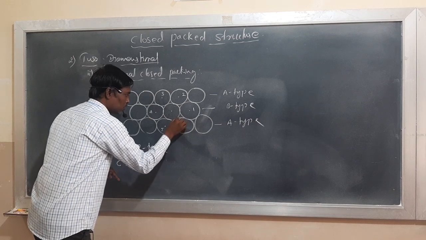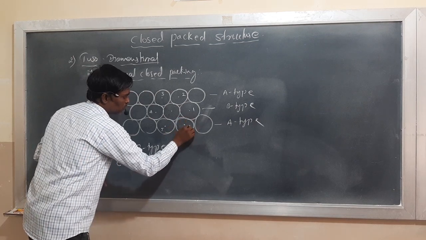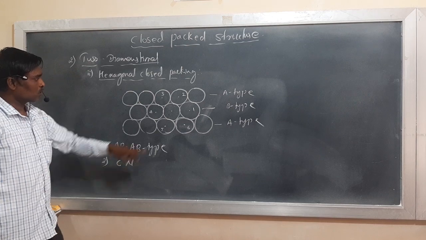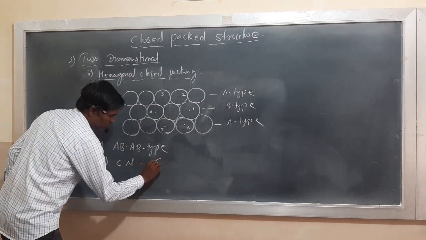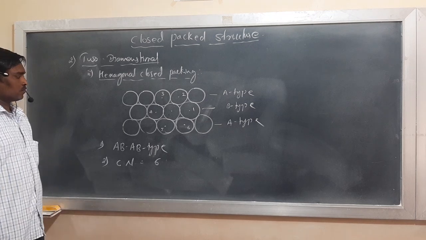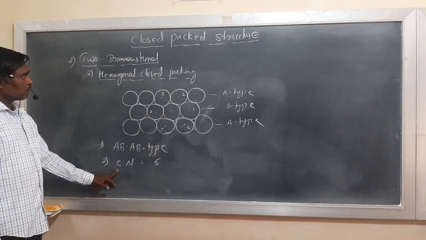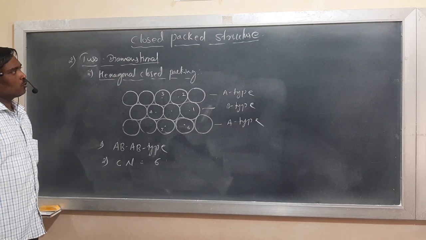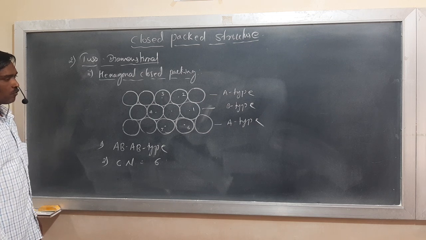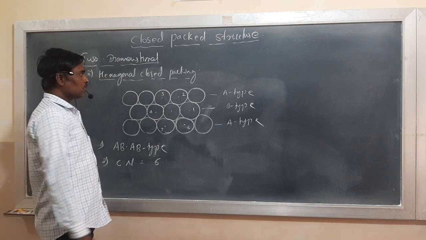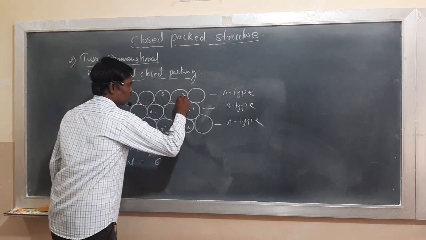So all these are in touch with that atom. The neighboring atoms to that particular atom is 6, therefore the coordination number here is 6. And this type of arrangement is called hexagonal close packing because when we join the centers of all the neighboring atoms, it forms a hexagon. See.